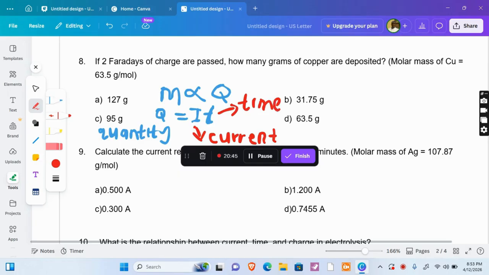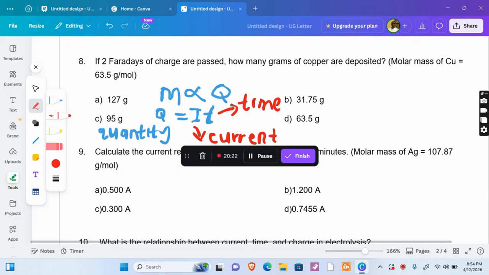That is Faraday's first law of electrolysis. The mass of a substance deposited during electrolysis is directly proportional to the quantity of charge that is flowing through that substance, which is called an electrolyte. So that's the law.